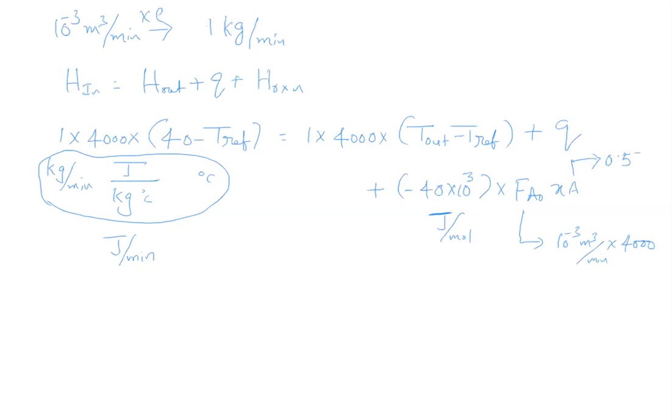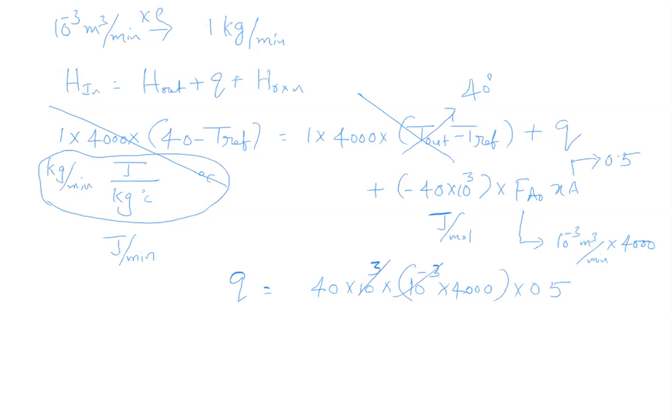So the first question is, if this T out is 40 degrees centigrade, then what happens? This term and this term will cancel. So Q is 40 into 10 Q into 10 power minus 3 into 4000, which is FA naught, into 0.5.